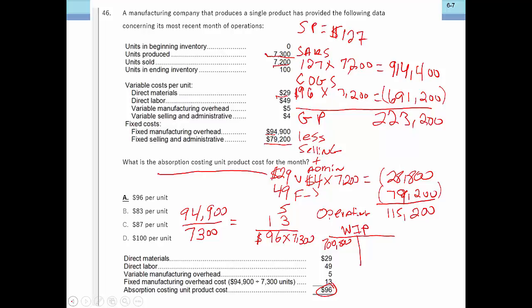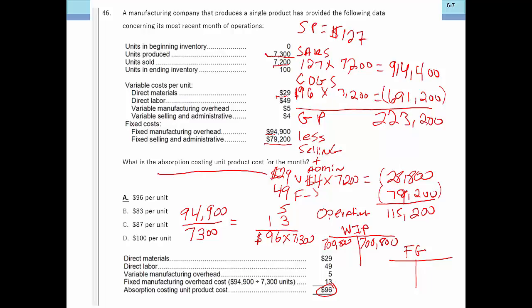Okay, so work in progress got debited, and then I'm going to assume that they finished all of this stuff. So if they finished all of this stuff, what happens? 700,800, right? And we're going to put that into finished goods. Good.